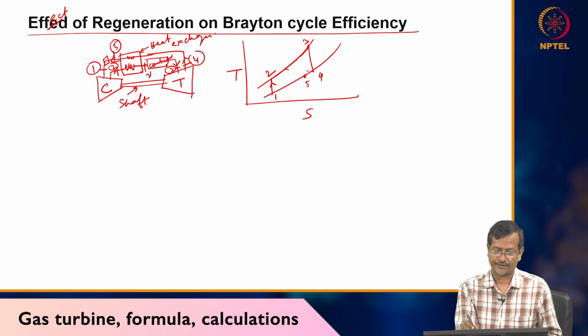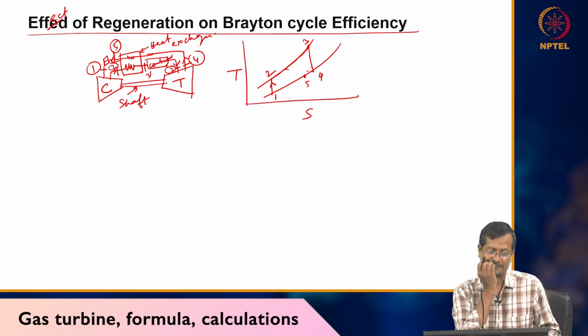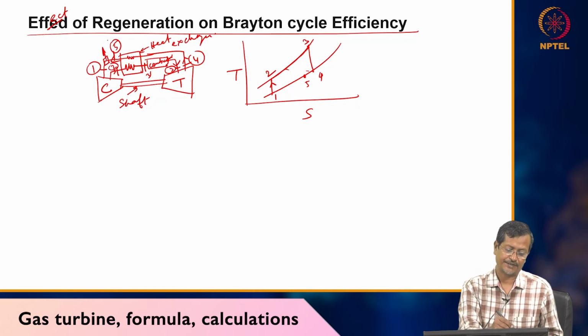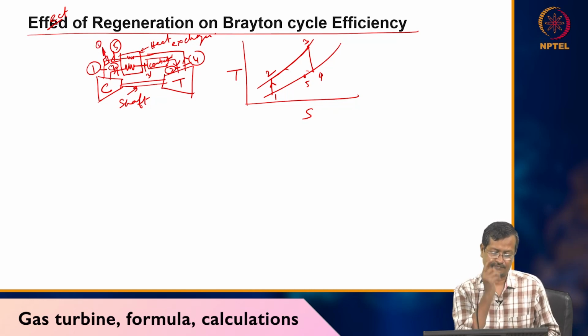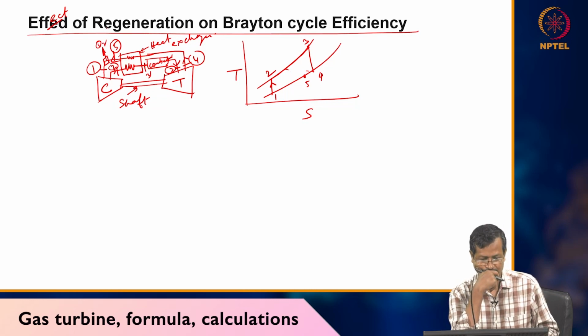Then 5. Then another heat release is happening. They are saying 5 to 1. What is happening? But pressure you are not changing, no?